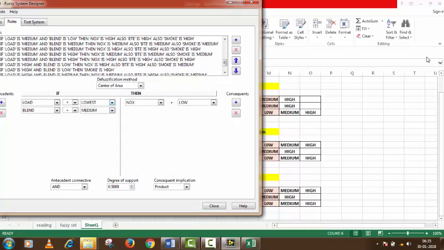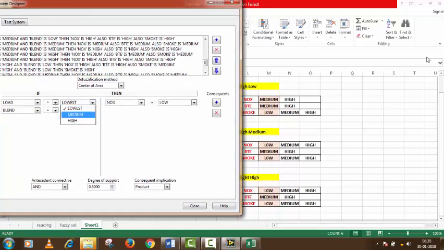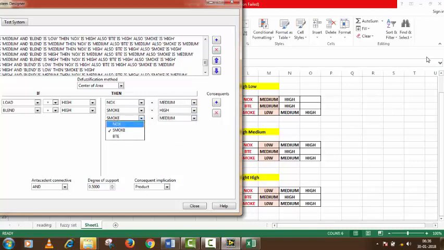So load is high, blend is high. So NOx, smoke, all the things are there. NOx is medium, smoke is high. So BT is, sorry, some problems happen. Carefully you have to check it.